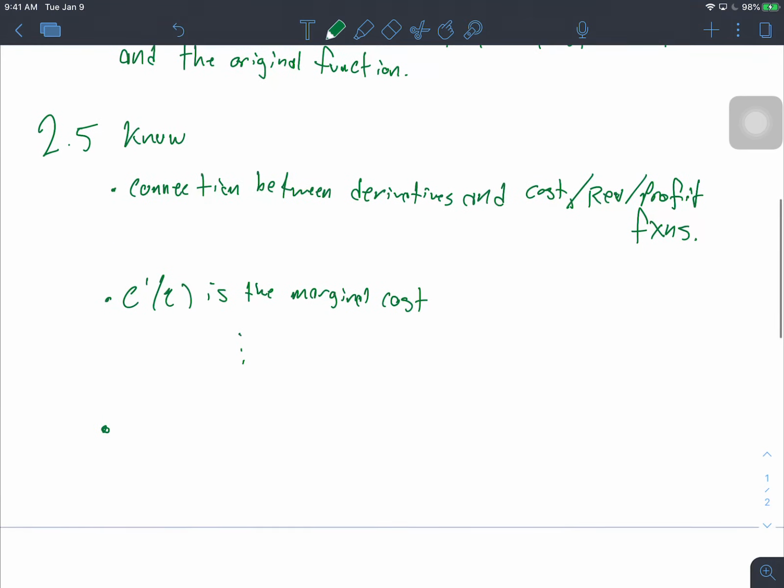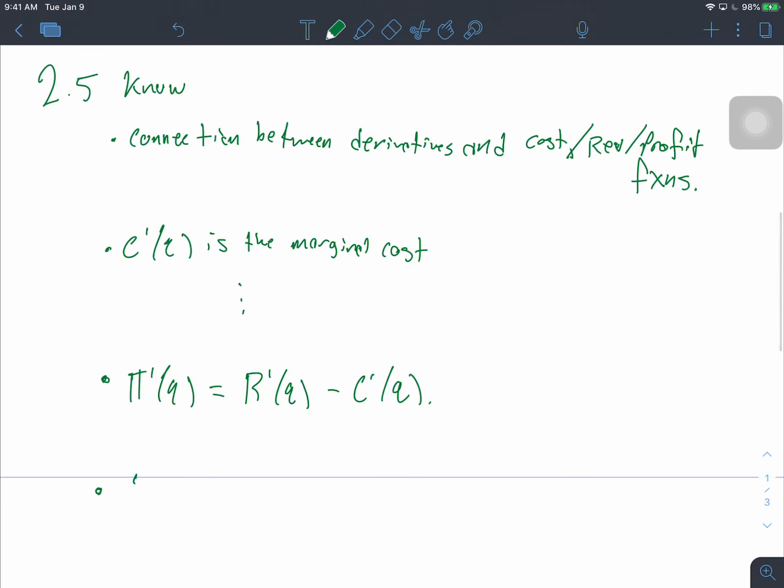One thing that you should also know is that the derivative of the profit function pi of Q is equal to R prime of Q minus C prime of Q. And this is just a consequence of the sum and difference rule. If we have a difference of two functions, then the derivative of the difference is the difference of the derivatives. Okay, you should also know if pi prime of Q is larger than 0, we should increase production.